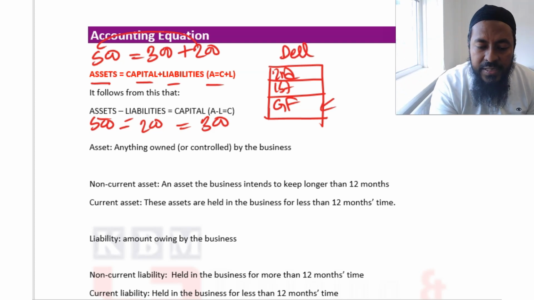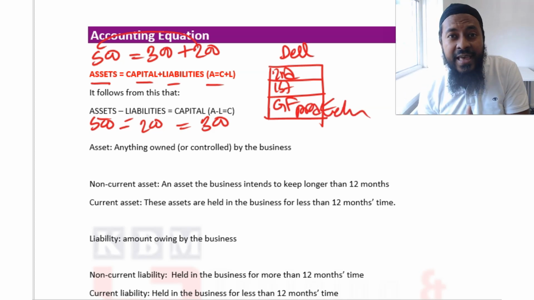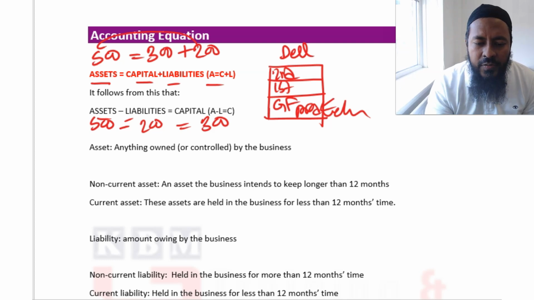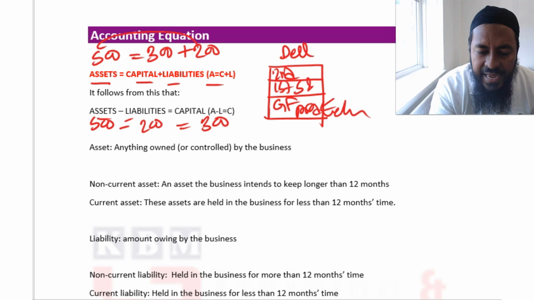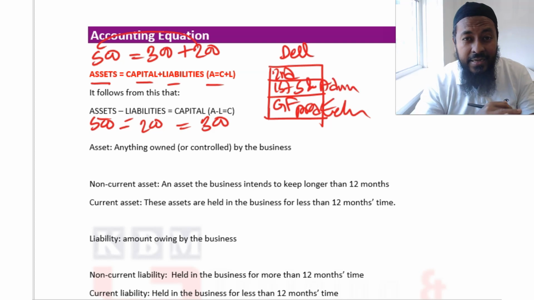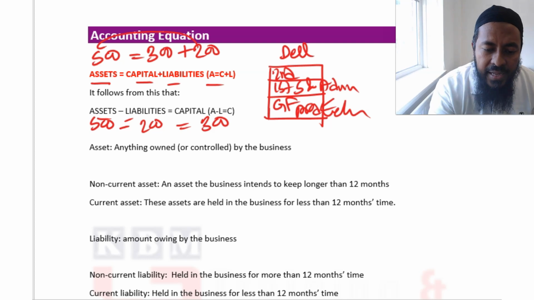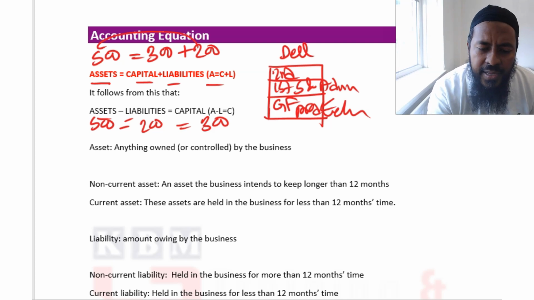The ground floor is production. They have heavy machinery there, and it's a little oily and blackish. The first floor is sales and admin. This is pristine, clear, nice, with office rooms and reception. And the second floor is, let's assume, finance and accounts.